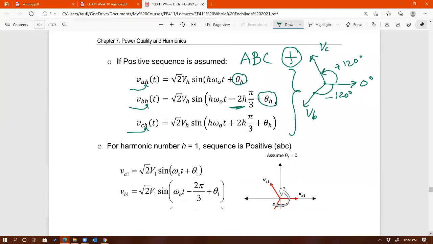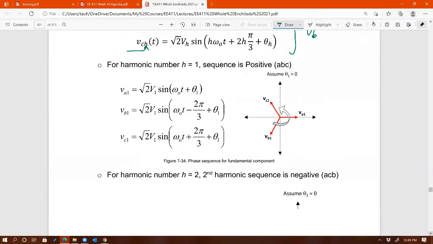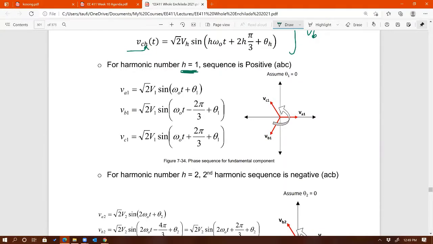If that is the case, then let's take a look at what happens with those three equations when h is equal to 1. So that's the fundamental component. Those three equations simplify to these three equations: VA1, VB1, VC1. Fundamental component of A, fundamental component of B, and fundamental component of C. Go ahead and plug in h equals 1 in the previous three equations, and you get this equation for A, for B, for C. And what do you learn from this?